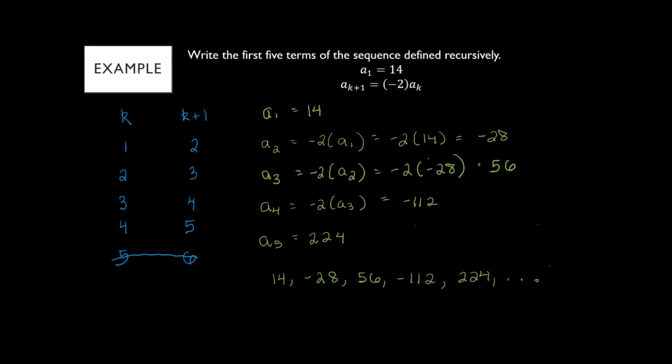So I'm still starting with that 1 for k. But when you plug it in and you've got k plus 1, 1 plus 1 gives you 2. So that's how I made sure that I had A2 versus starting with A3. So if it helps you to do A1 equals 14 and write that first and then do A2, A3, A4, A5, that's fine.